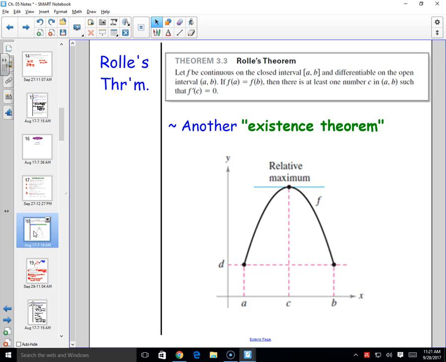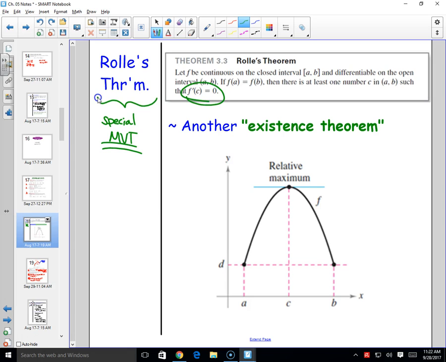For those of you who are just writing a little bit, question: what is the key new characteristic if Rolle's is really just a special application of MVT? What's special about it? F prime equals 0, which comes as a result of the two new things. It's MVT: continuous on the closed, differentiable on the open.